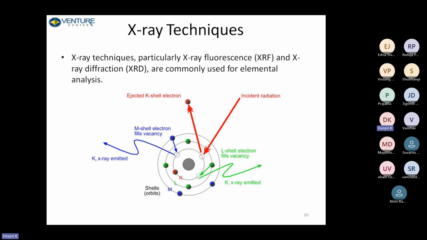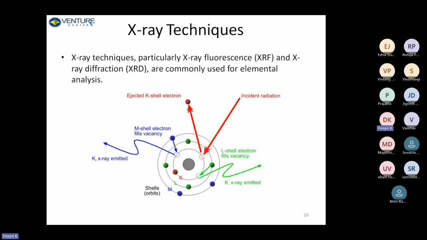These were some of the most popularly used spectroscopic elemental analysis techniques out there. However, we are seeing a lot of usability as well as interest being generated for using X-ray techniques to perform elemental analysis.